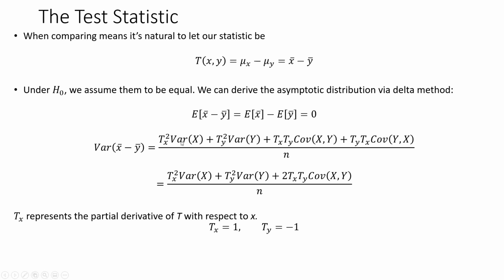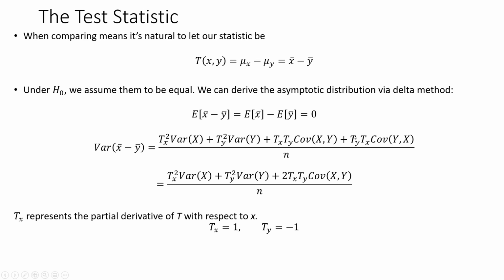And so using the delta method, we get the squared partial derivative with respect to x times the variance of x, plus the squared partial derivative with respect to y times the variance of y. And then we have the partial derivative of x then y times the covariance of x and y, plus pretty much the opposite, the partial derivative with respect to y then x times the covariance of y and x.